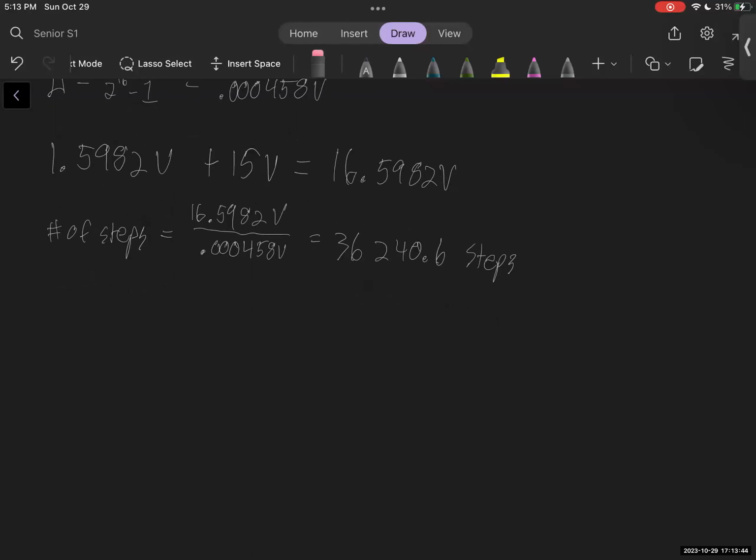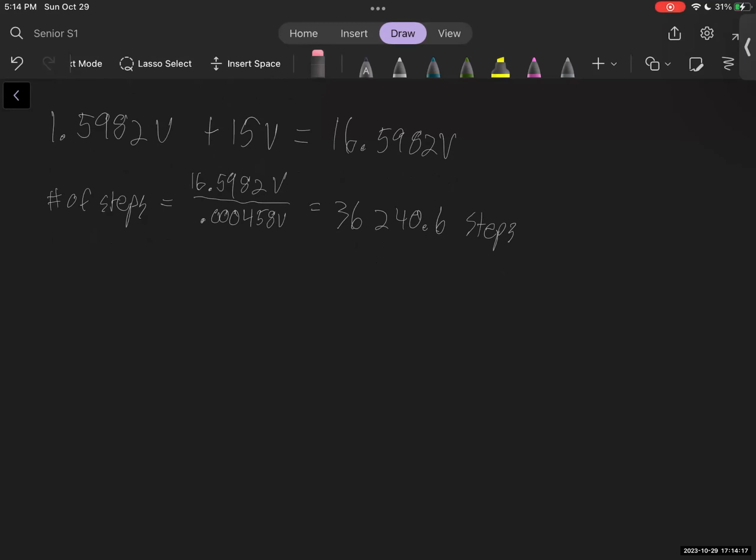Going from the bottom, this 1.5982 volts is 16.5982 volts from the floor, and we're trying to find, in terms of levels, what the conversion is from the floor. I don't know if expressing it that way makes it any clearer.